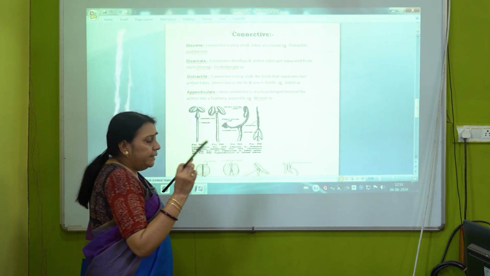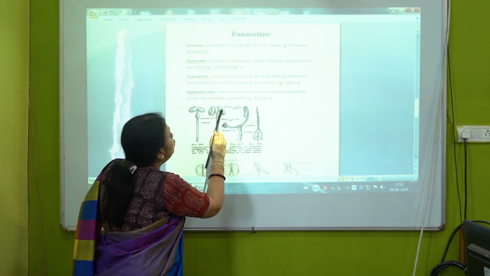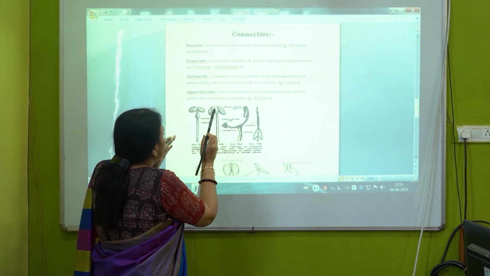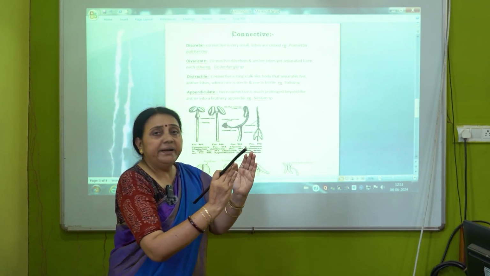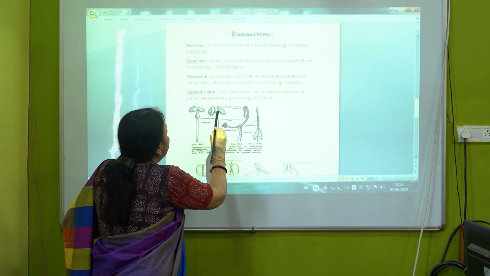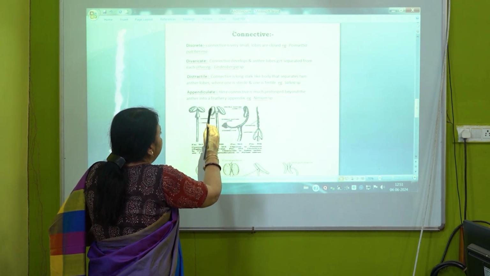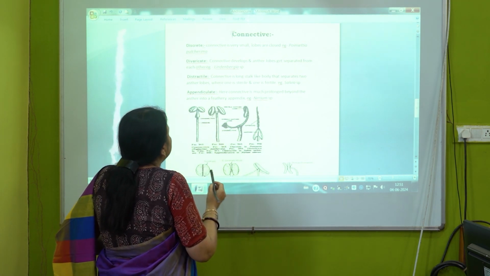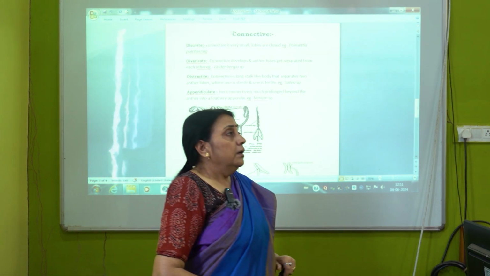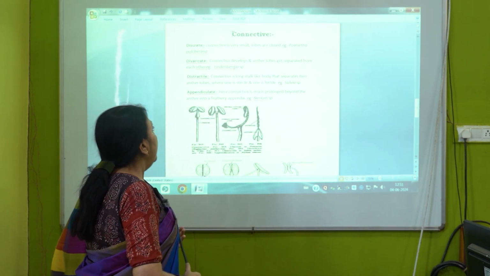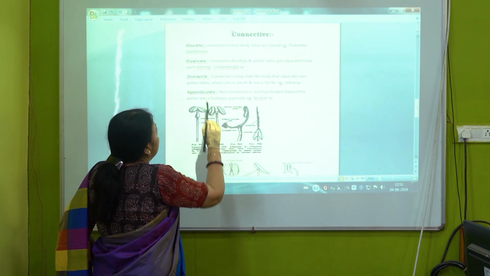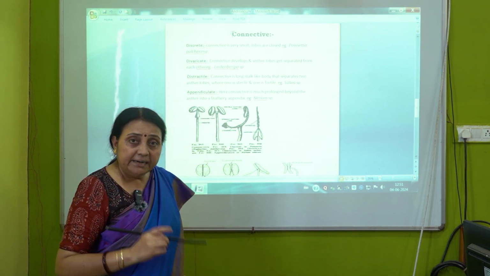The connective is a little bit developed between the two anther lobes, and the two lobes are separated from each other with the help of this slightly developed connective. It is known as the divaricate type of anther. It is mainly found in Lindenbergia, belonging to the family Scrophulariaceae, and you already studied the divaricate type of anther in the practical class.